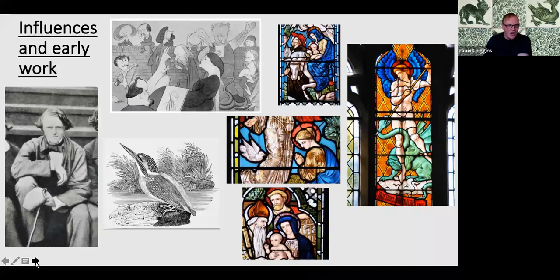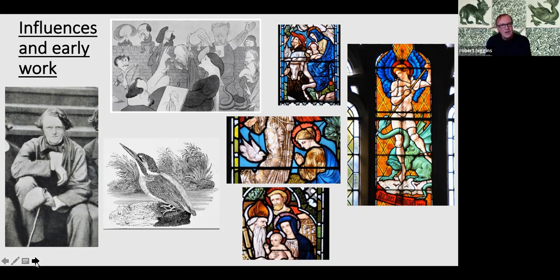As a younger child, he was documented by his mother as being fascinated with Bewick's Book of Birds, and there's a kingfisher from Bewick's Book of Birds, but perhaps what is notable, apart from the kingfisher and perhaps a barn owl, is that he didn't copy from Bewick's Book of Birds. He may have adapted and changed things.